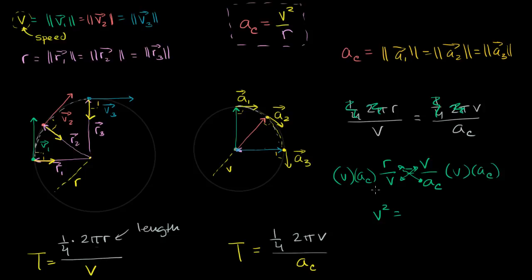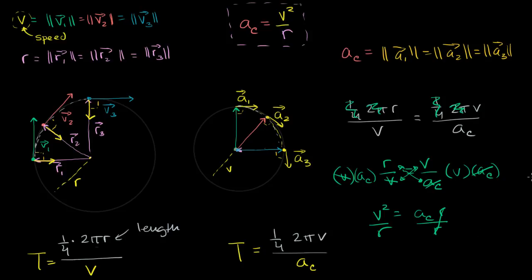So it's not some magical thing. If you multiply both sides times v and ac, these v's cancel out, these ac's cancel out. You get v times v, which is v squared, is equal to a sub c times r. And now to solve for the magnitude of our centripetal acceleration, you just divide both sides by r.